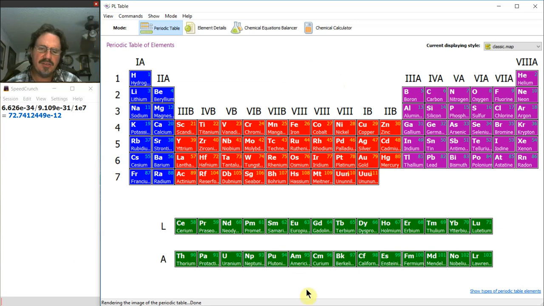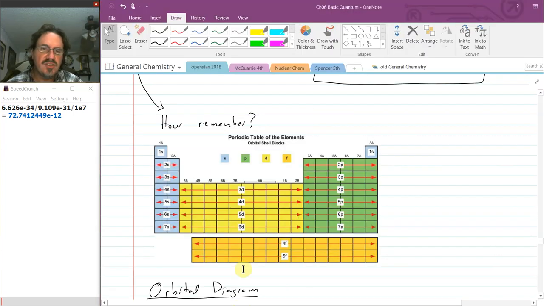What do the s's start with, by the way? Well, the s's start with 1s, and then the next one is 2s, and the next one is 3s, all the way down. Look at the labeling. Here's my 1s for my first row, my second row is 2s, 3s, 4s, just counting down by the rows for my s block all the way down to the bottom one here, which is 7s.